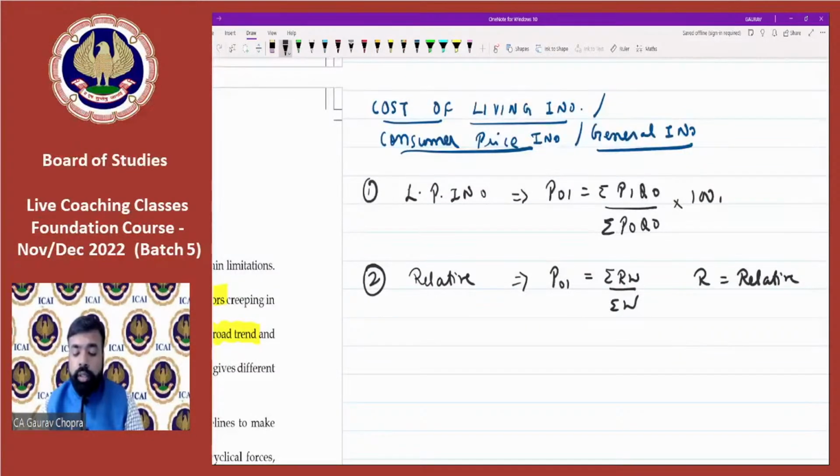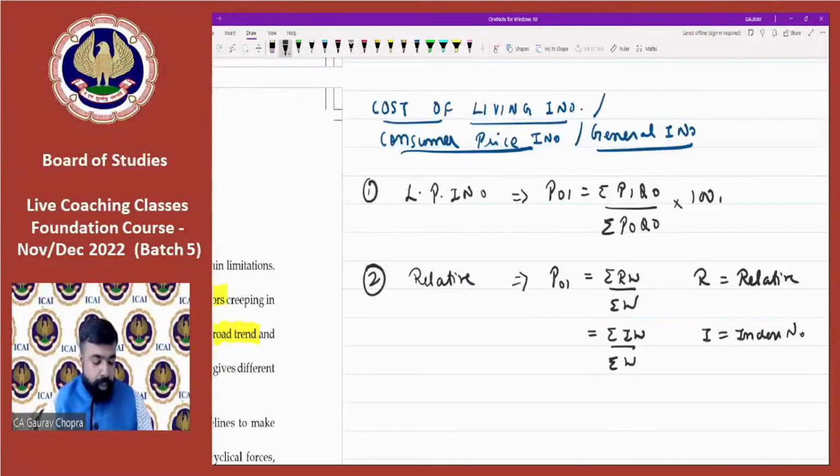Also, at some places you will find sigma IW upon sigma W, and this I is nothing but the index number. So this is the cost of living index number, consumer or general price index number.